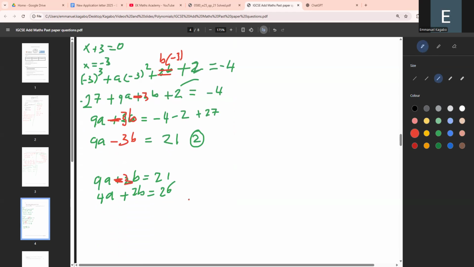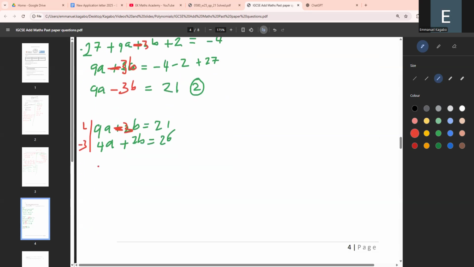Okay, now how do I solve my two equations here? So I have 9a minus 3b equals to 21. And from here, by the way, I would have simplified the numbers, but let me eliminate here. So should I eliminate b, guys? When I eliminate b, I'll multiply by 2 here, and then here I'll multiply by minus 3. What do I get?